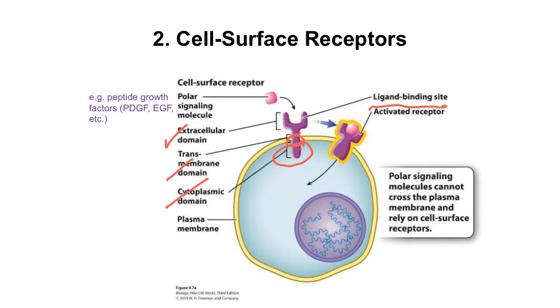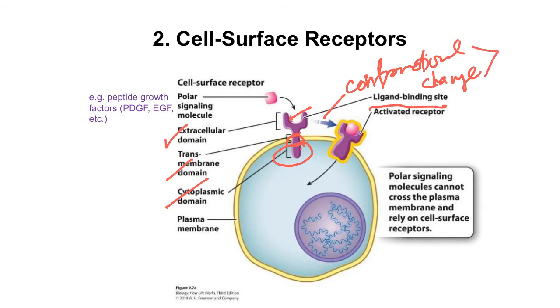And the binding of the polar signaling molecule to the ligand binding site triggers a conformational change in the entire structure of the receptor.